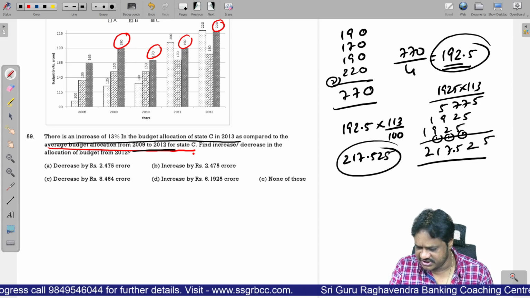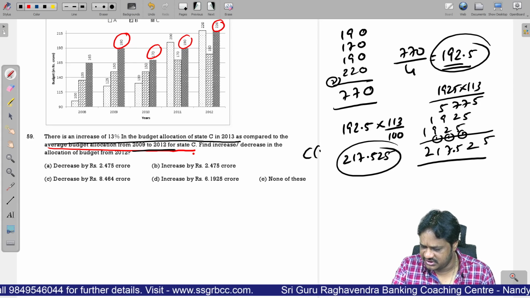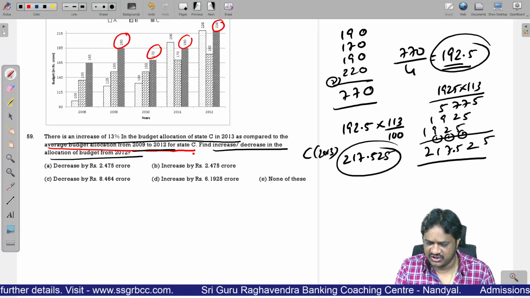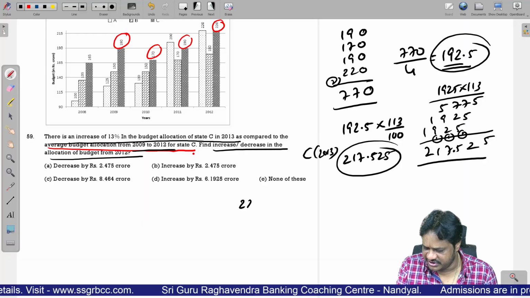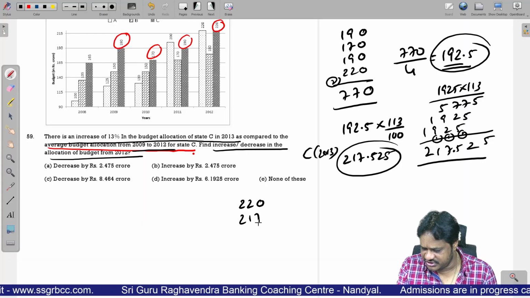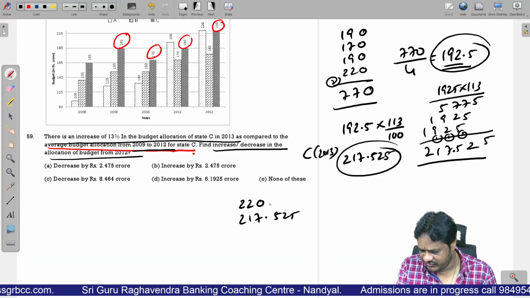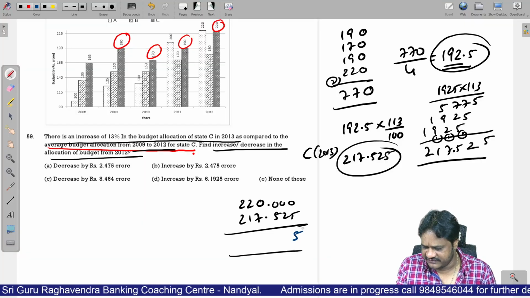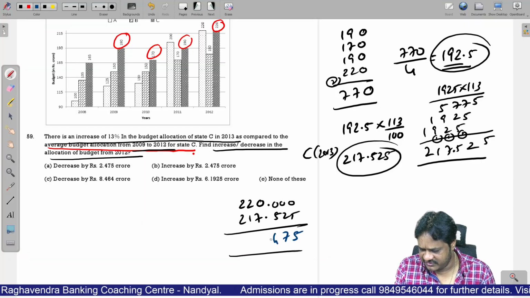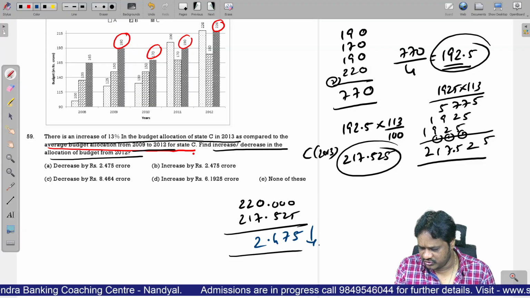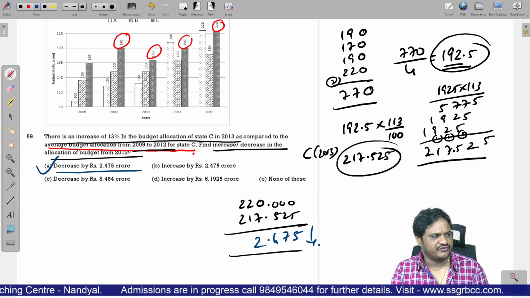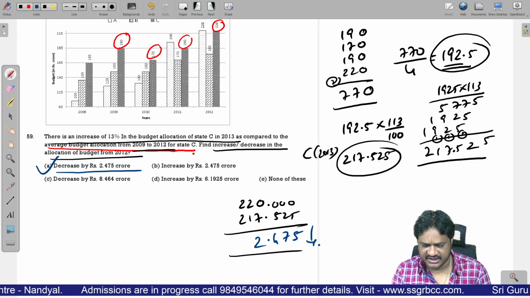This is the budget of C in 2013. Now find the increase or decrease from 2012. The 2012 budget is 220. Now it is 217.525. Definitely there is a decrease. We have to find the decrease. So 2.475 decrease. Decrease by 2.475 crores. That is the correct answer.